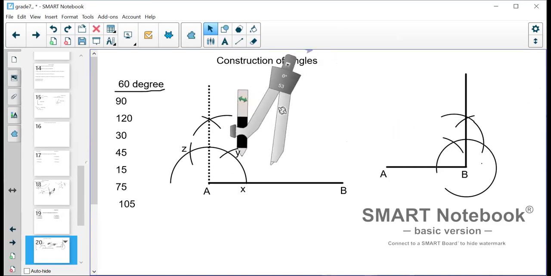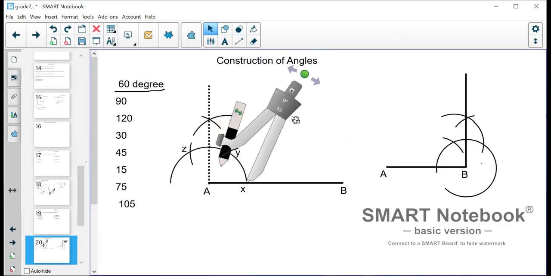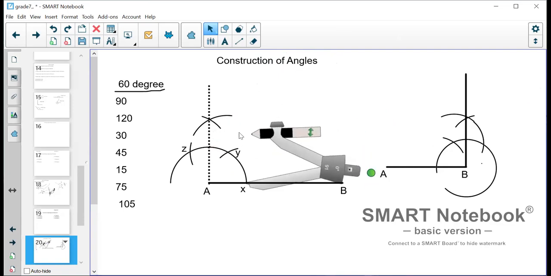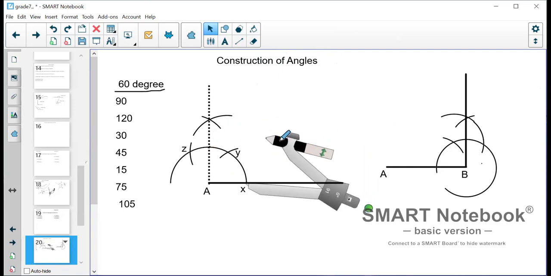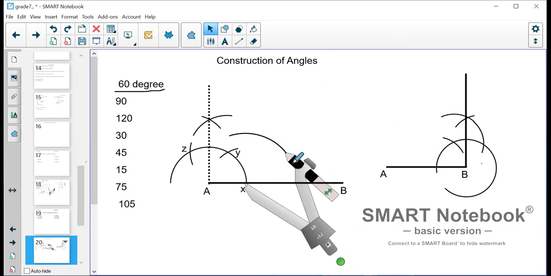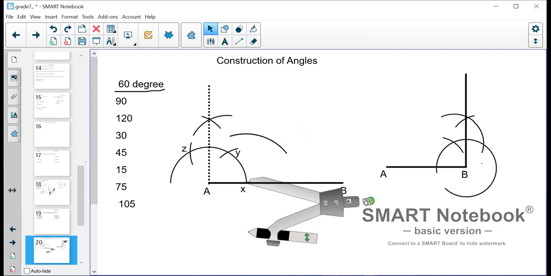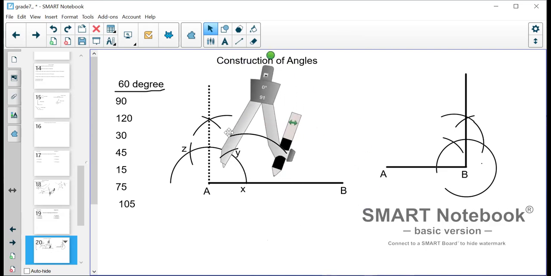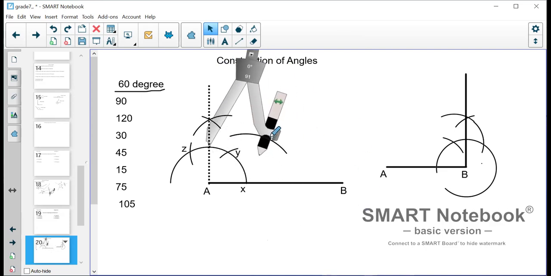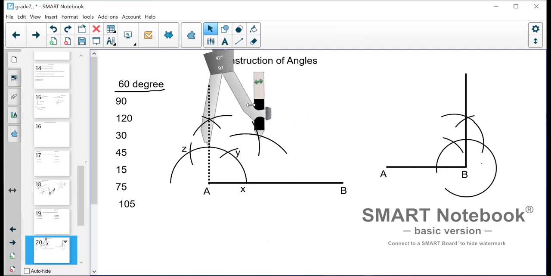So in order to get 45, we go from X, and we open to 90, and we scribe an arc somewhere in between here. You remember, we are bisecting 90 degrees in order to get 45. So we come here and we intersect. You remember, we use the same measurement.